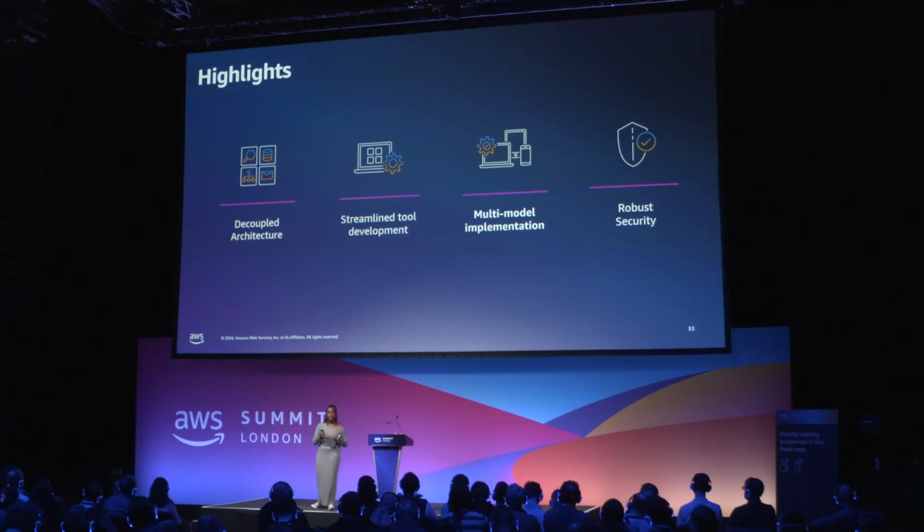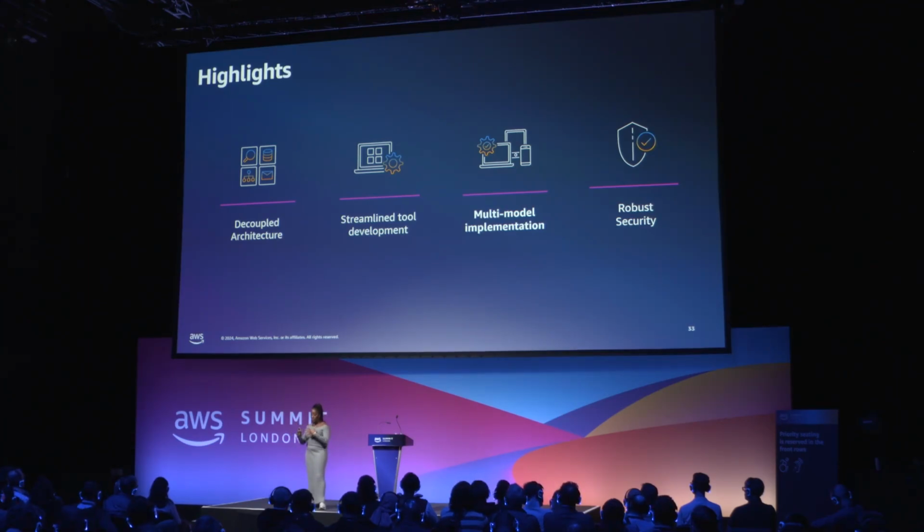Tool development is streamlined by using Lambda functions. And Lambda functions are serverless, which means that you're only paying for the compute that you use. They're adaptable, they're cost-effective, and lastly, they're secure. So this means that only the Lambda function is getting access to your data, and by using IAM roles, you don't have to worry too much about making sure that your data is not exposed to more endpoints than it needs to.